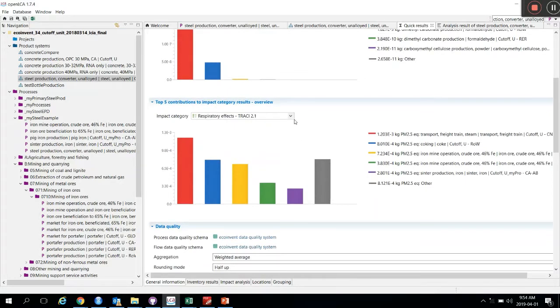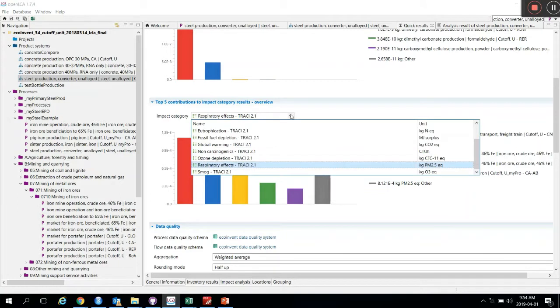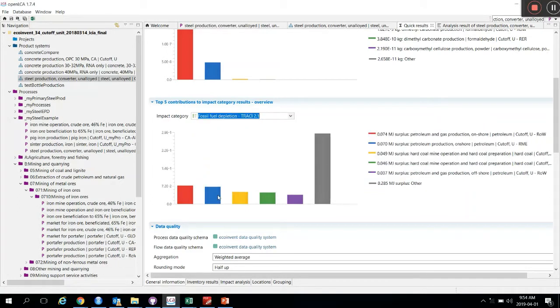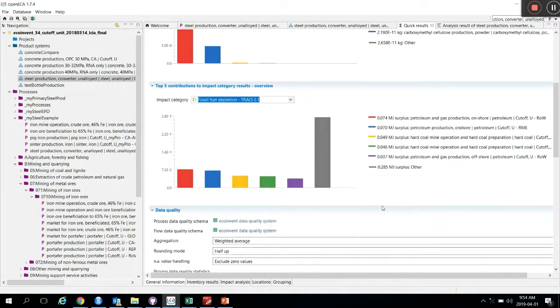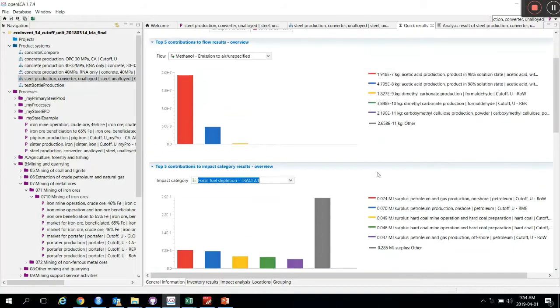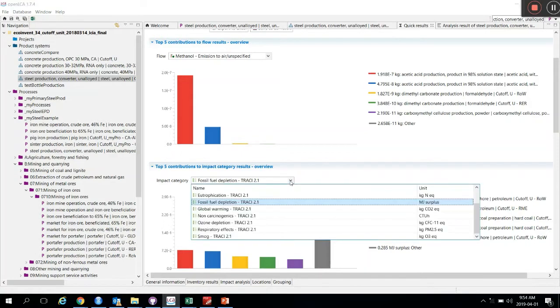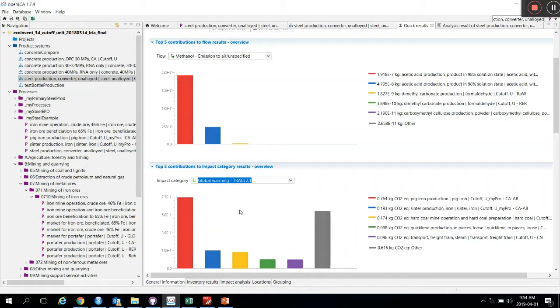And so you can basically select any of the impact categories and get an idea of the most important activity in the system. So this is just showing direct impacts of a specific activity in your system. And so it's not really that useful. It doesn't really tell you why the impacts are occurring, but it can quickly allow you to understand what's the biggest hotspot in your system.